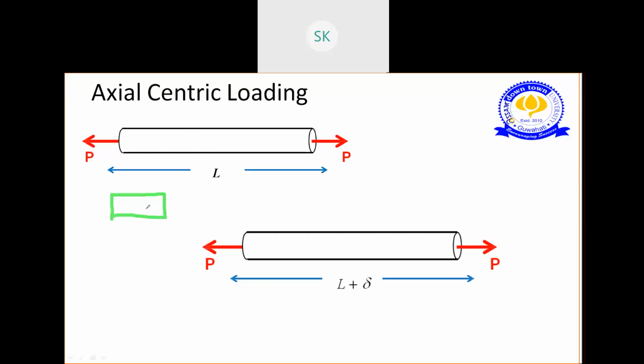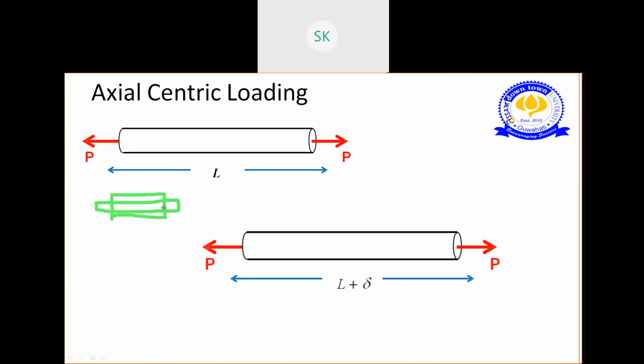Suppose I have stretched it for 2 weeks. What will be the shape of this rubber band? It will become like this, right?